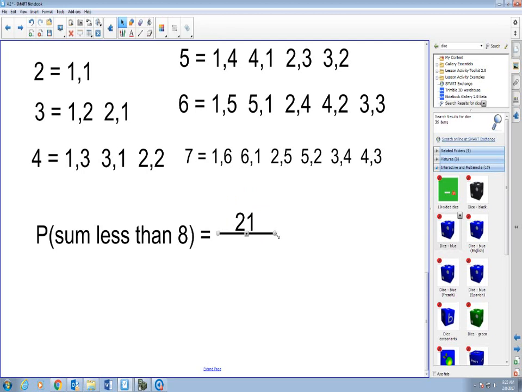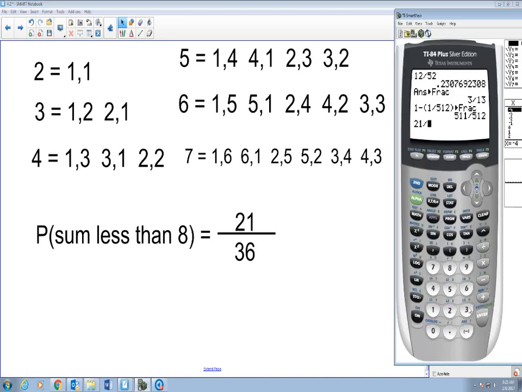I'm going to go ahead and tell you what it is. It's 36. I'll show you how to count later on. So 21 out of 36 gives me about 0.5833 repeating. Convert to a fraction, 7 out of 12.